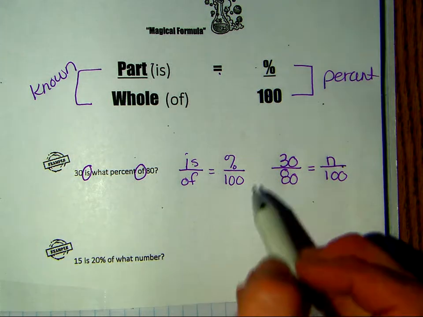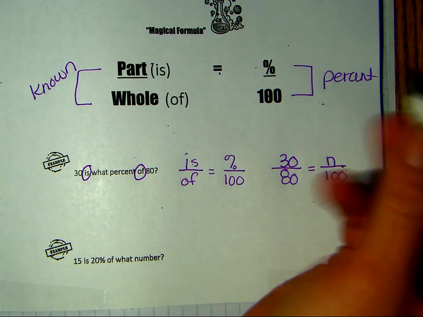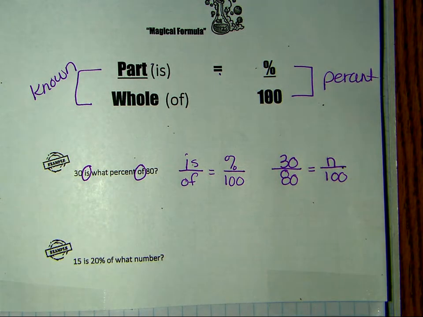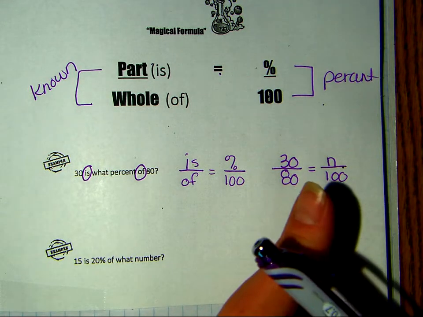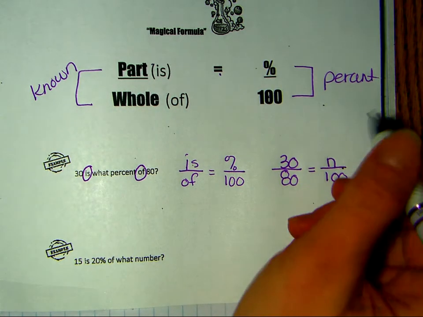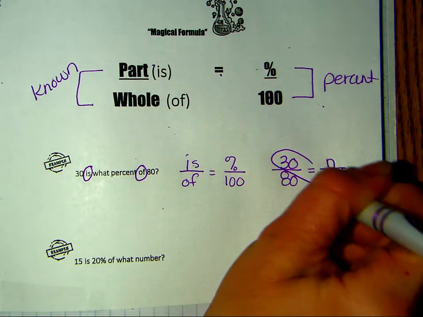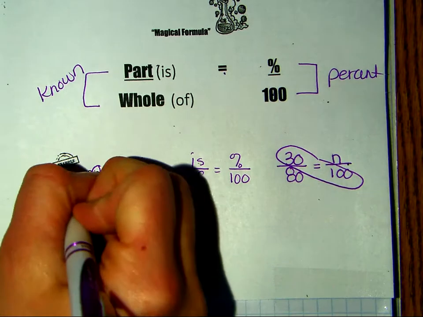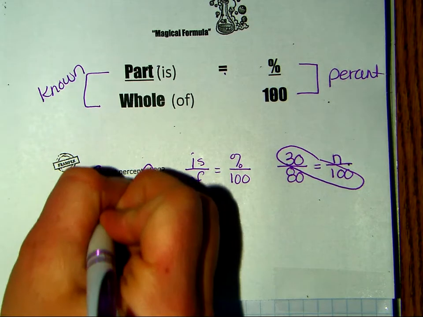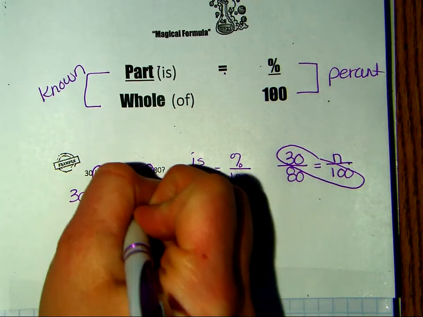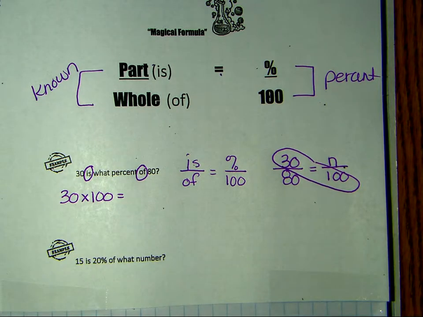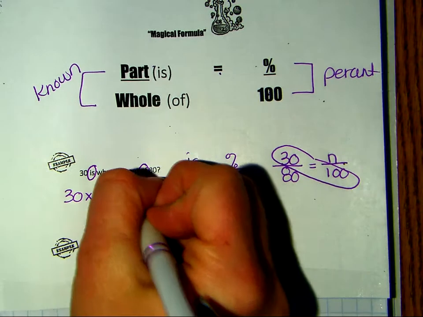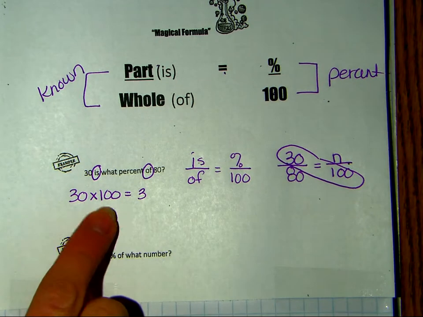I can look at relationships, but in this case, I'm going to solve it using cross product. So you're going to find the 2 numbers that you have both present in the cross product. And I have 30 and 100. So I'm going to do 30 times 100 equals, now I have a 1 and a 3, that when I multiply those together I get 3. And how many zeros do I have? I have 1, 2, 3.